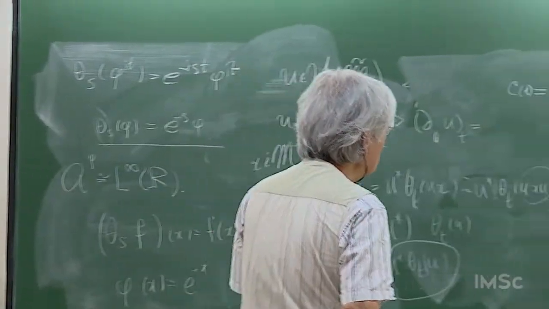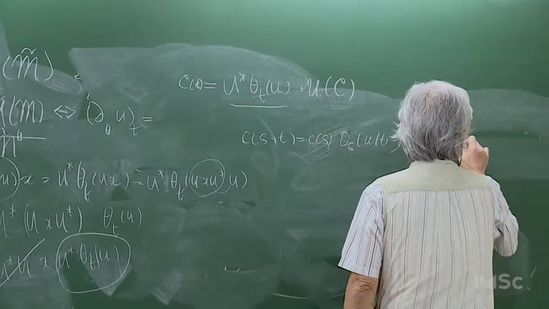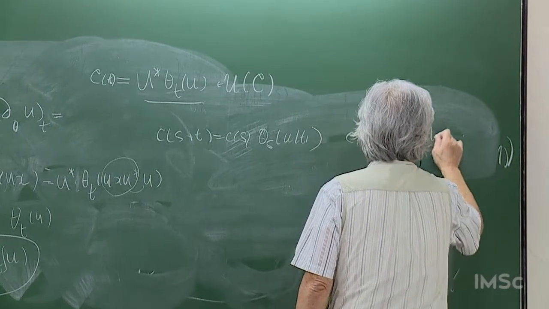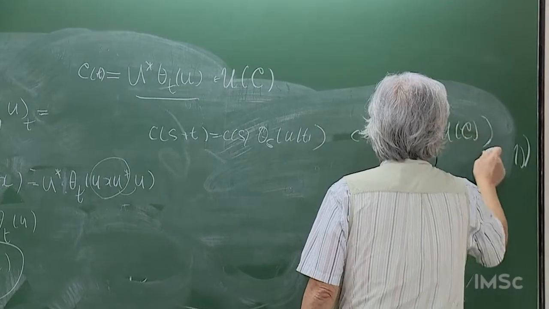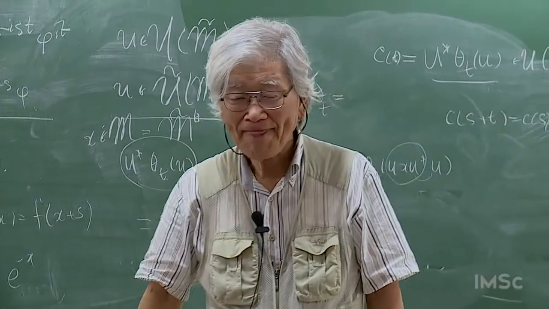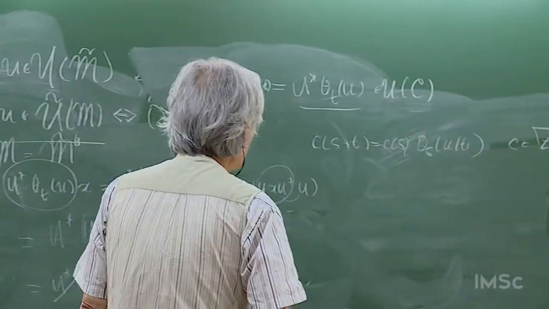So this is a cocycle. This C belongs to the cocycle relative to theta. The coefficient is the unitary of the center. Okay, so it is a cocycle.